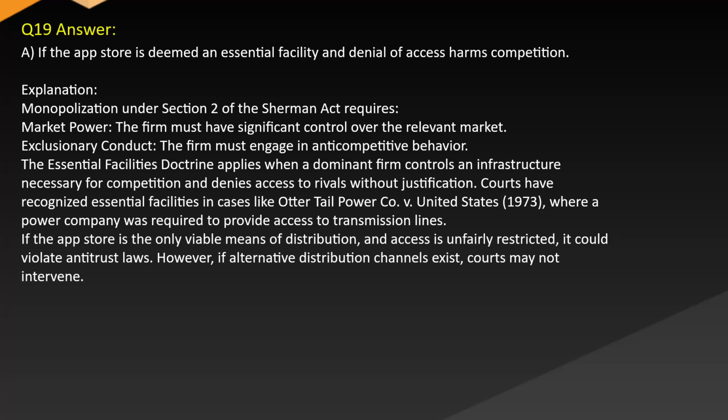Courts have recognized essential facilities in cases like Otter Tail Power Company v. United States, 1973, where a power company was required to provide access to transmission lines. If the App Store is the only viable means of distribution and access is unfairly restricted, it could violate antitrust laws. However, if alternative distribution channels exist, courts may not intervene.